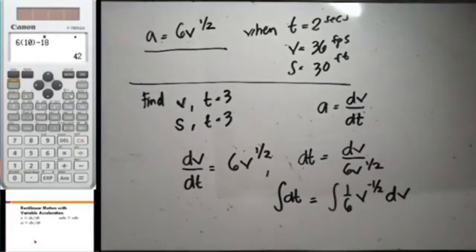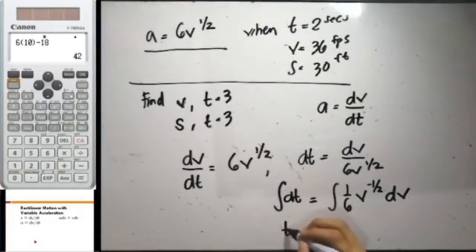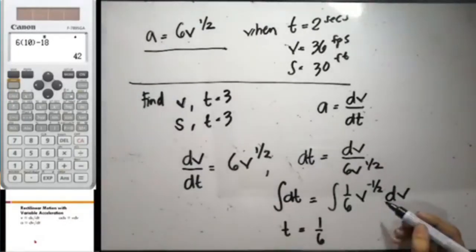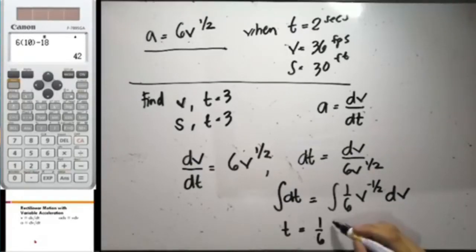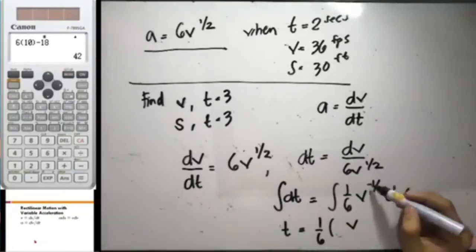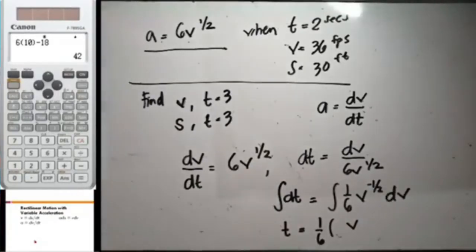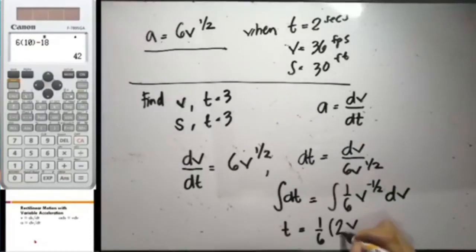Tama? Ayan. So, pagka in-integrate natin yan, this becomes t. Ito magiging 1/6. Ito ay v raised to negative 1 half plus 1, that becomes 1 half. Tapos may 1 half dun sa ilalim. So, magiging 2v raised to 1 half.